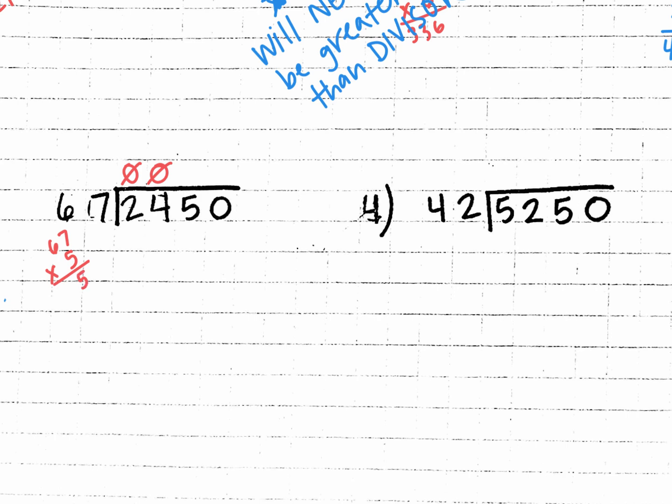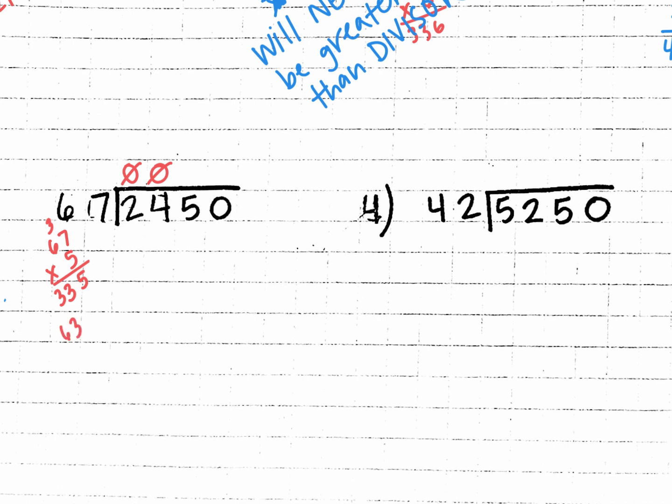And I'm just going to multiply this, which is 335. That is way too much. But is it like where I need to do 67 times 2, or do we think maybe 67 times 3? Okay, so we'll try 67 times 3.